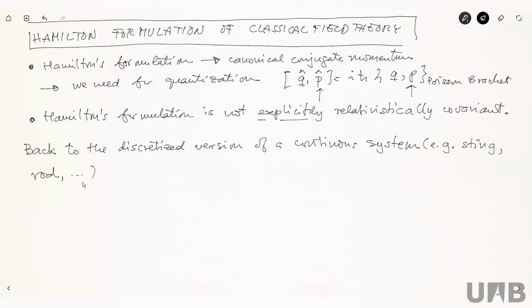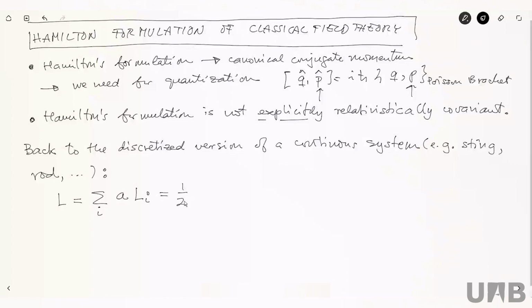We just went back to an infinite string of little particles with mass m, and we were taking the continuous limit, right? If you go back there, you will see that we had something called the Lagrangian, which was the sum over i of a, the distance between the two masses, times an expression that we called L_i for each of those masses.